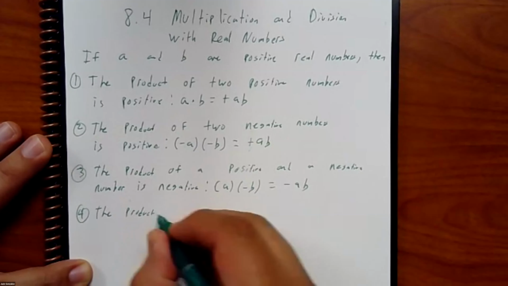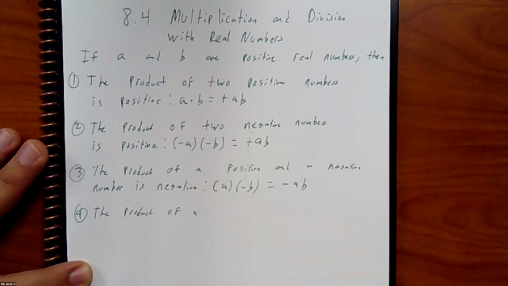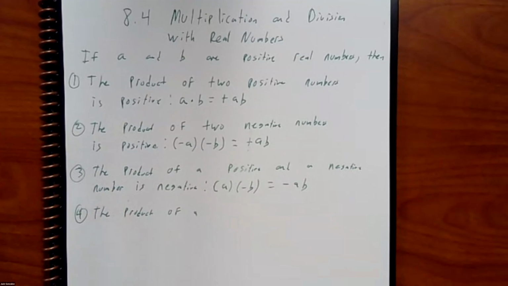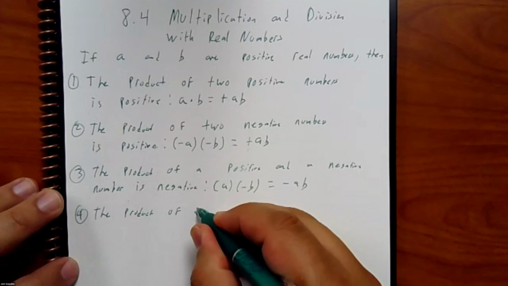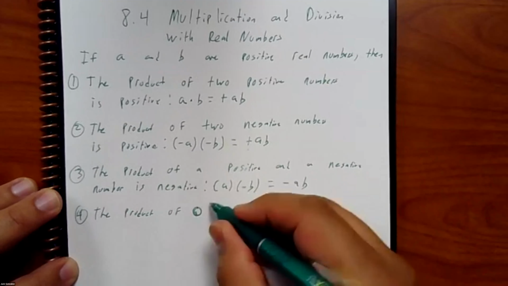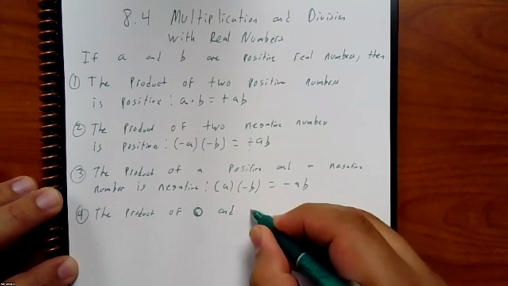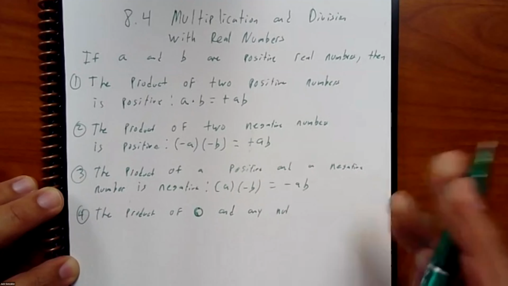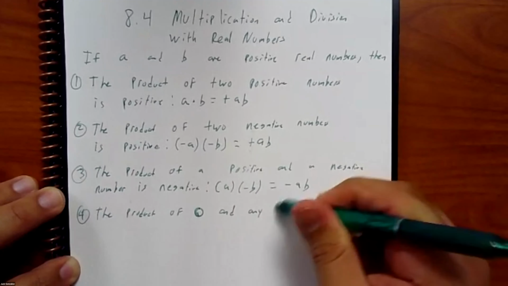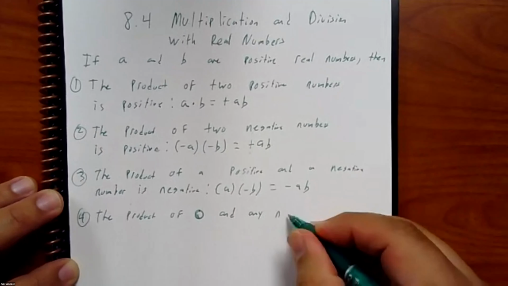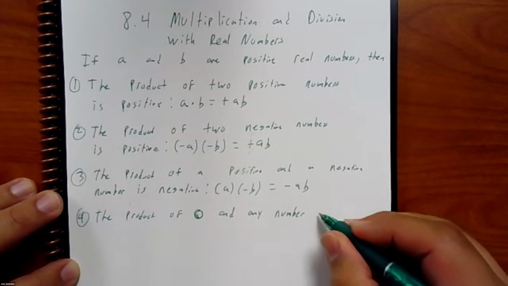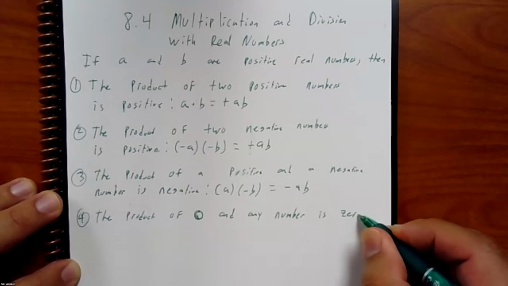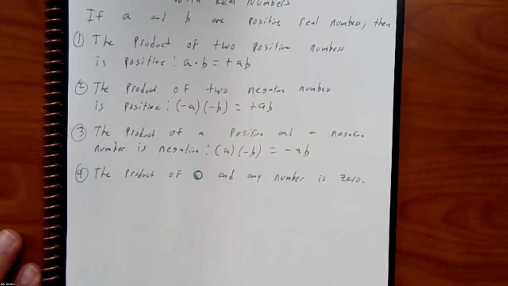The product of zero and any number is going to be zero, right?